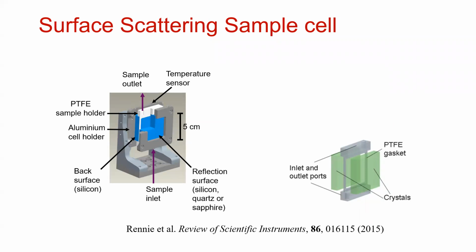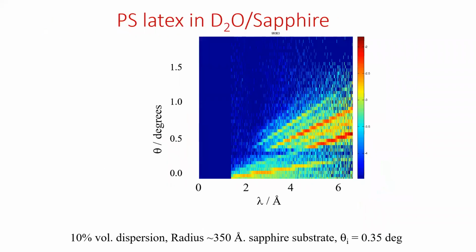We can inject a sample next to a solid surface. And when we do that, this was for these particles against a sapphire surface in D2O.